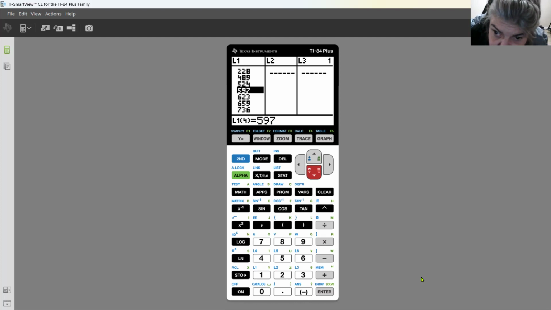Then we calculate our lower and upper boundaries: Q1 minus 1.5 times the IQR, and Q3 plus 1.5 times the IQR. Anything below or above these would be considered an outlier. So I'm going to show you something at this point.